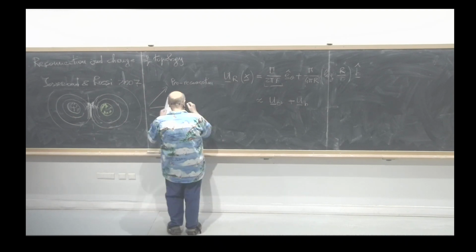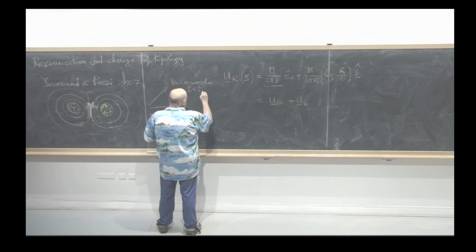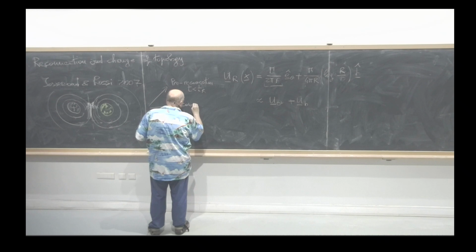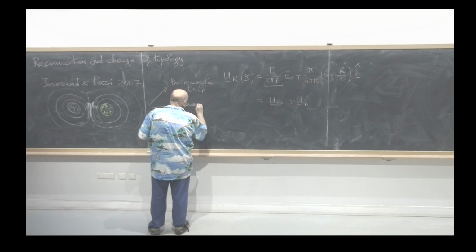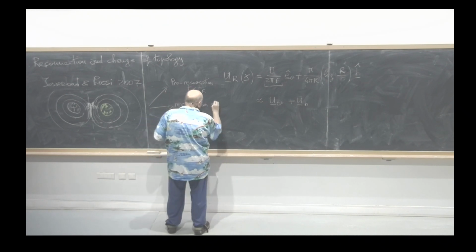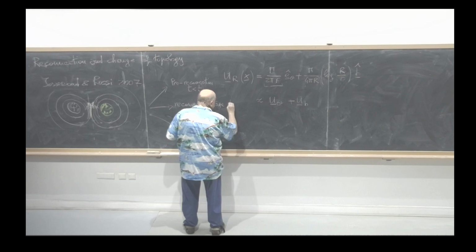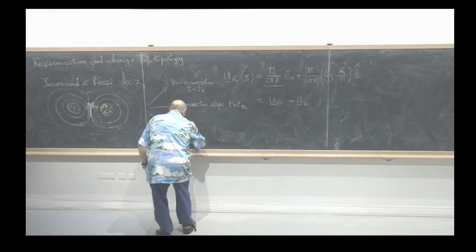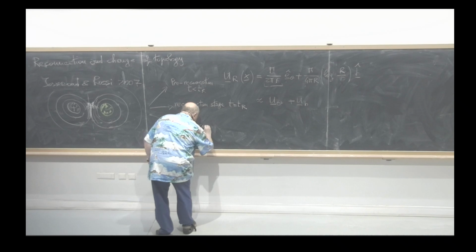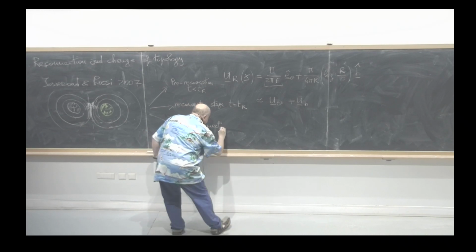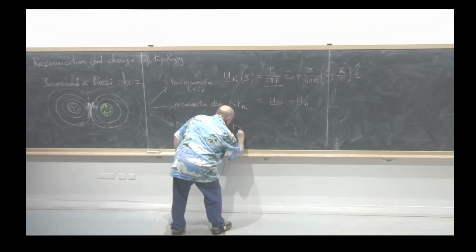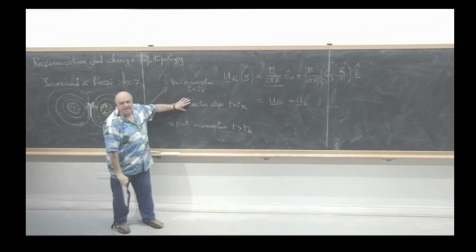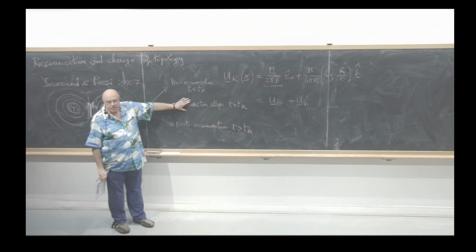So there is a pre-reconnection stage, say T minus TR, then a reconnection stage at T equals TR, and the post-reconnection stage. Now, all these three stages are in the neighborhood in time of the reconnection.